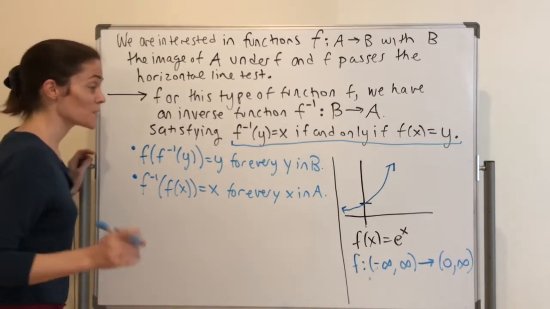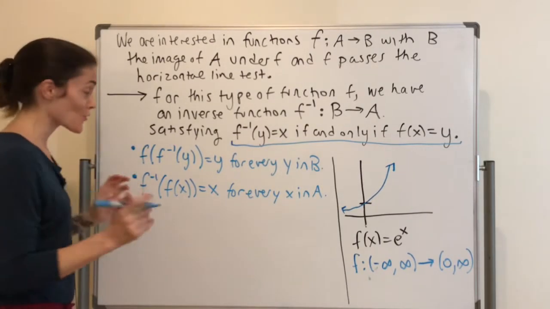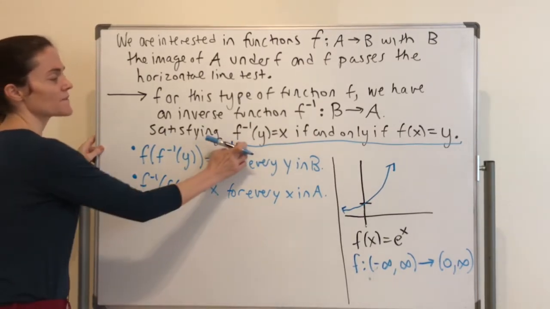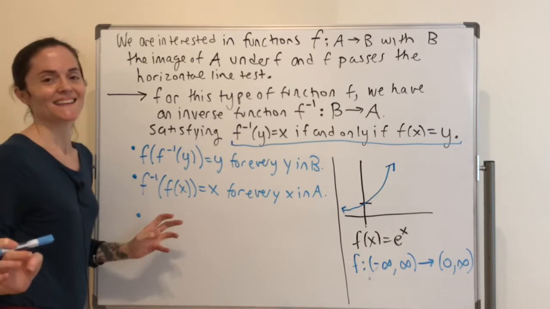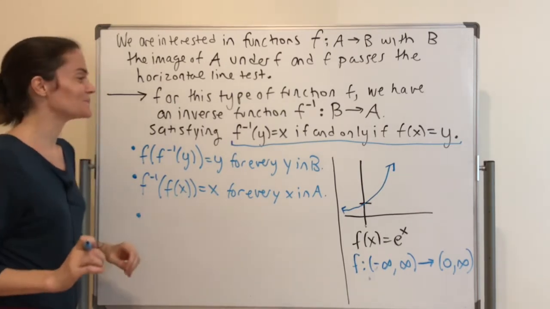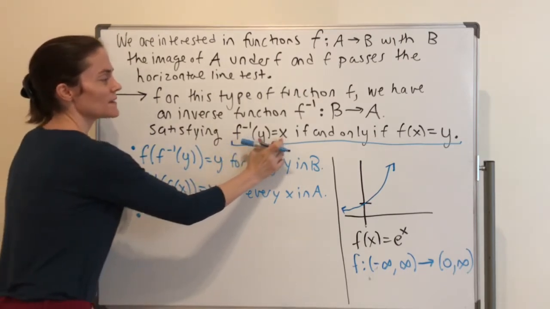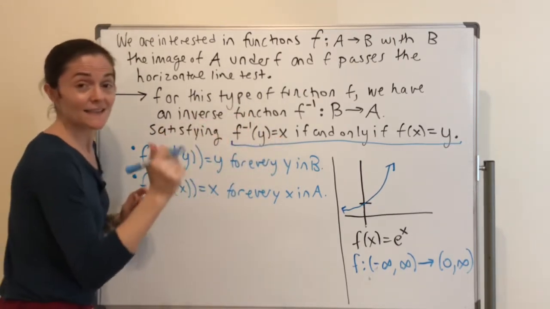Now, another thing you will see, and this is why I left the graph up of e to the x, is if you stare at what's underlined in blue, what's happening graphically? Well, you see, you interchange x and y.